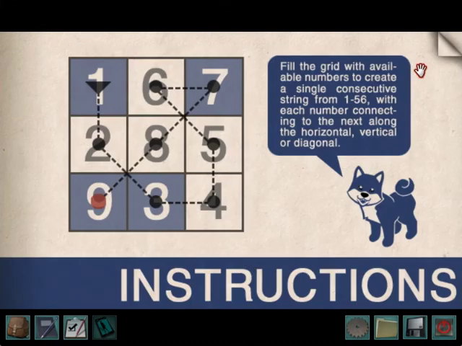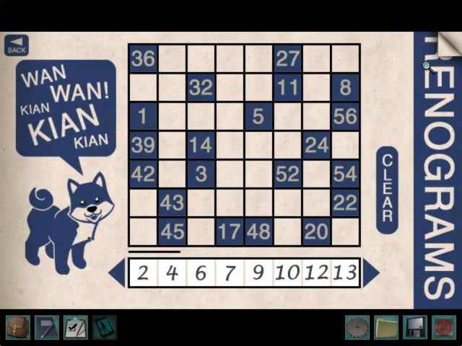Alright, renograms. At least this will get my mind cranking in a bit of a different direction. Okay, so 1, 2, 3, 4, 5. That's pretty evident there. 6 and 7 can work along these 4 squares, so we don't really know what that is. 9, 10, yeah, same thing there. 12, 13, 14.